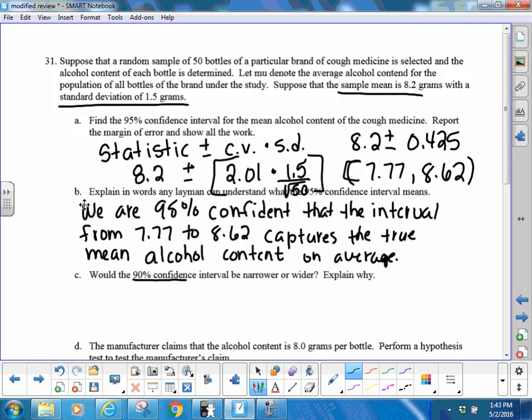So if I'm less confident, and what's your thinking on that? Less confident. Less spread. You're like me, I think backwards every time. So 90% confidence interval.